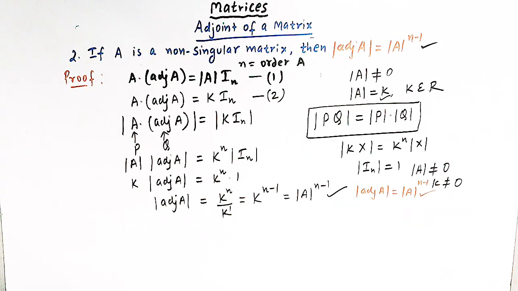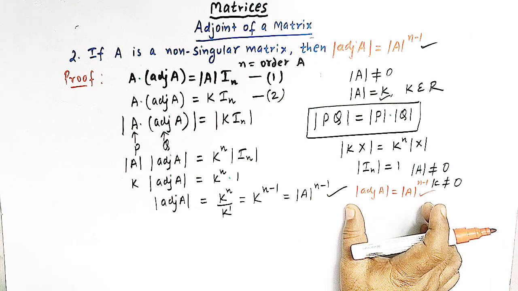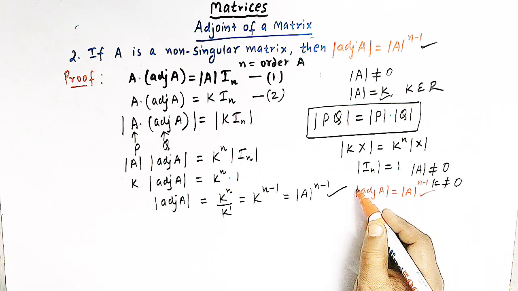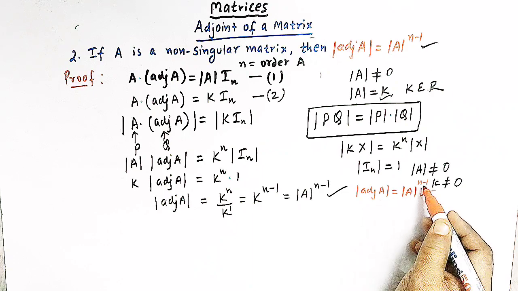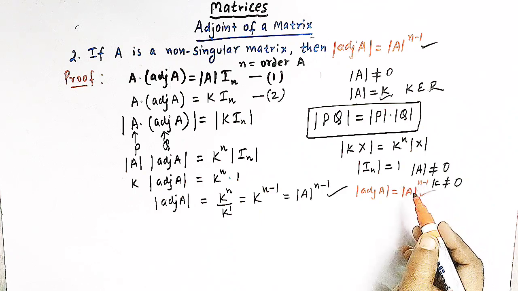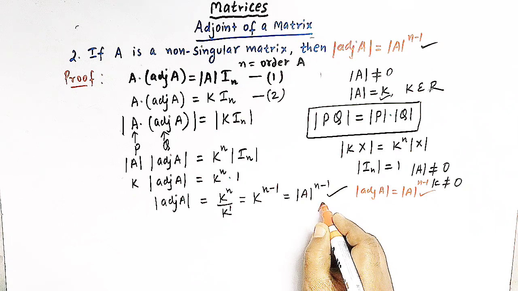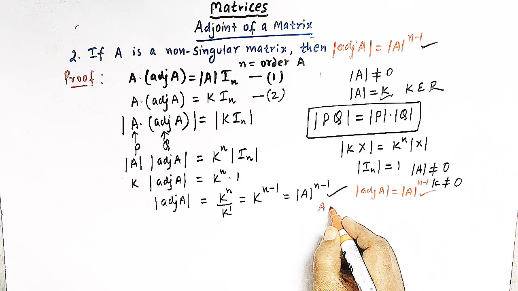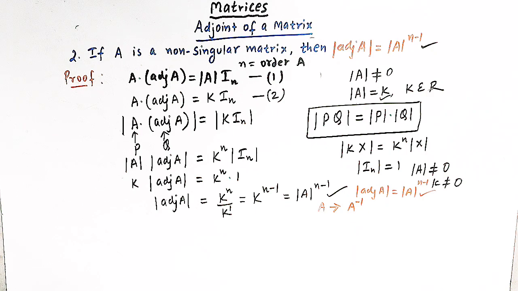Now let us derive one more important result. Again we start with the expression that the determinant of adjoint of A is equal to the determinant of A raised to n minus 1, where n is the order of the square matrix A. Let us replace this matrix A by A inverse and see what we get.